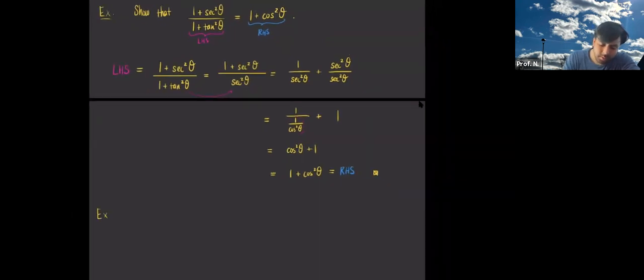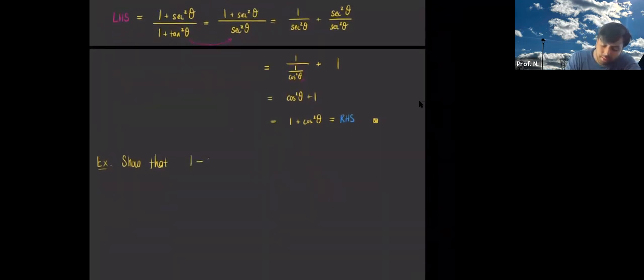Okay, so one more of these. Let us show that 1 minus cosine of theta over sine theta plus sine theta over 1 minus cosine theta equals 2 cosecant theta.